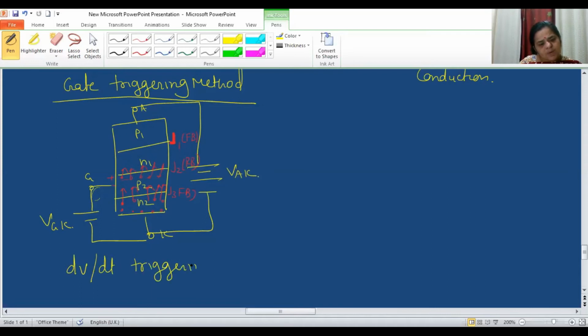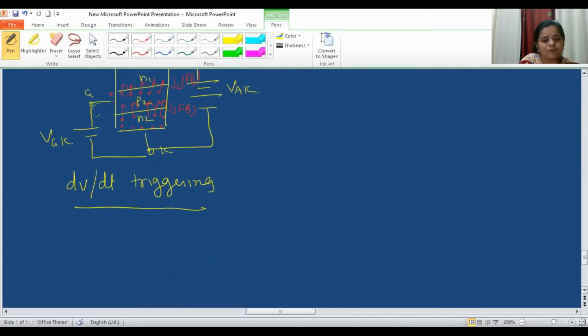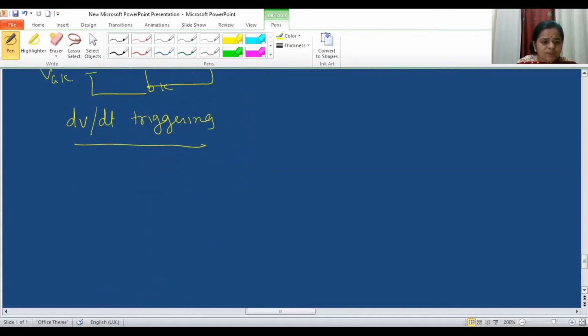So what do you mean by dV/dt triggering? As I already mentioned when I was discussing forward blocking mode and reverse blocking mode, in forward blocking mode the device behaves like a capacitor. And we know in case of any capacitor, the current can be given by C dV/dt.